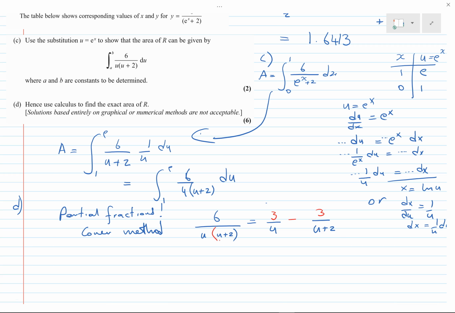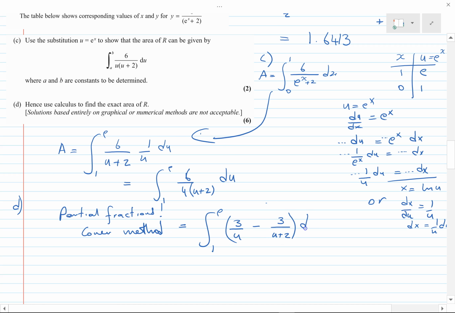Right, so now we can integrate that term. Now I've shown you why that is, I'll just go straight to the actual partial fraction. So that equals the integral from 1 to e of 3 over u minus 3 over u plus 2 du, using the cover-up method I've just shown.